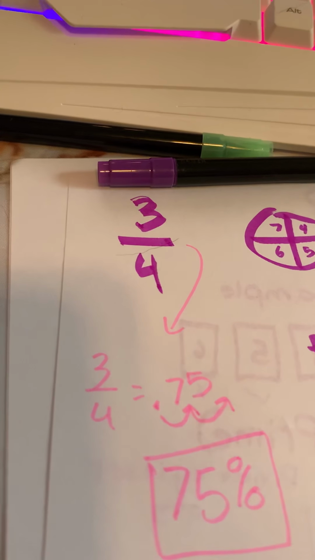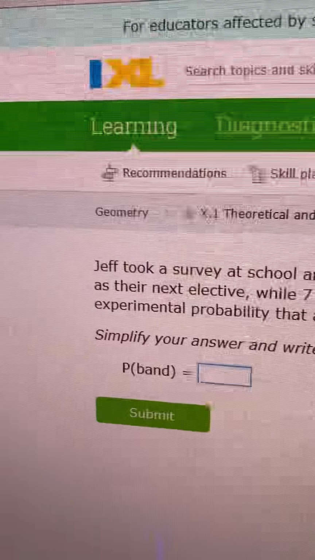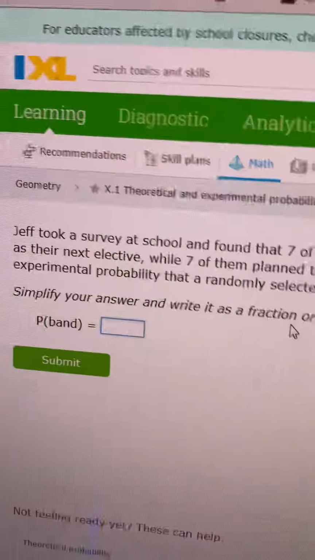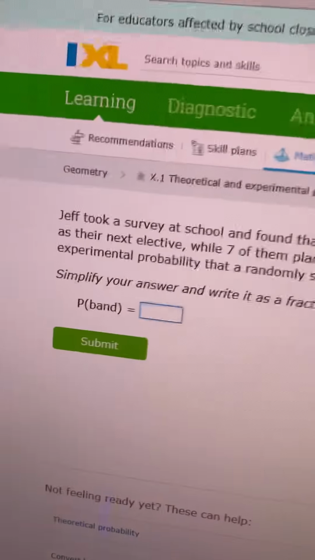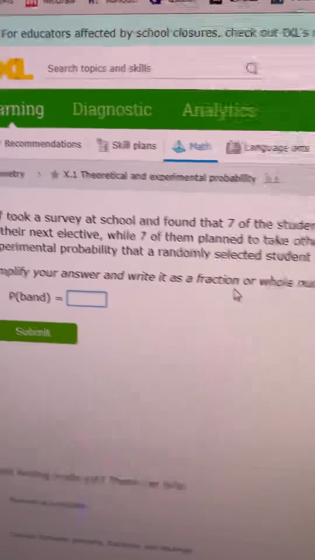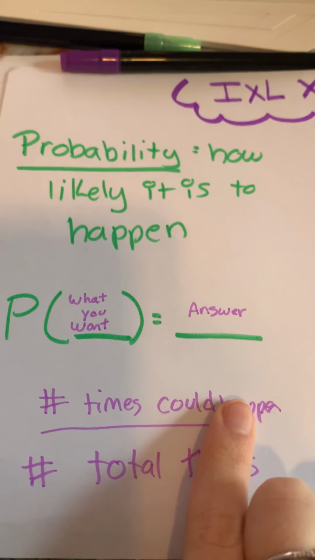All right, so make sure you look out for that. So here, this one said simplify, write as a fraction. The other one said write as a percent. I didn't read that, so make sure you look out for that. Right, so remember, you want to put the total on the bottom and the number of things that you want on the top.